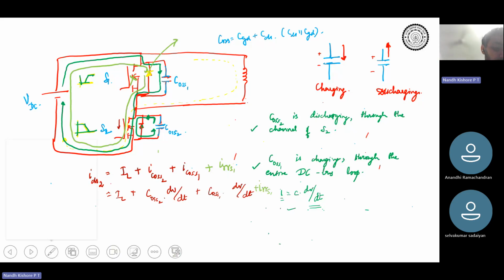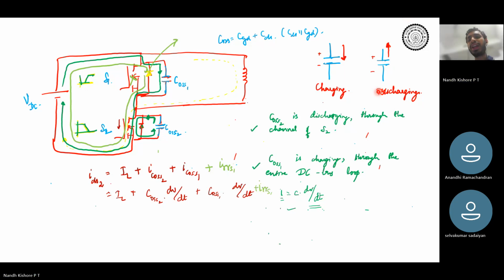We established the convention that if you push current or charge into COSS, it is charging. This is the polarity of the capacitor. If current flows from top to bottom, the capacitor voltage increases. If the current flows outside, you're extracting charge from the capacitor, and it is discharging.